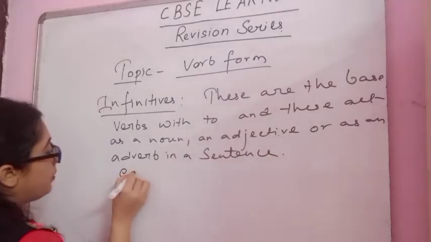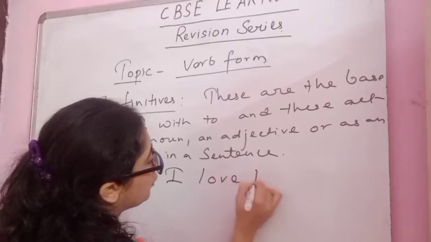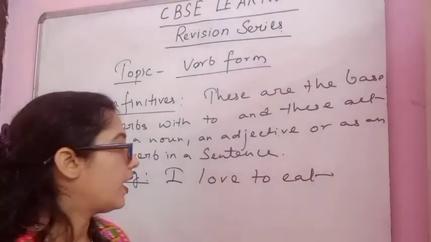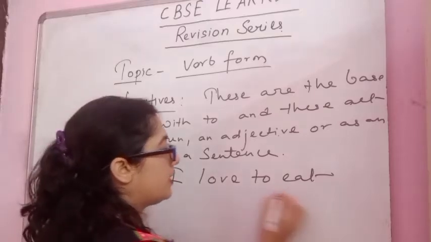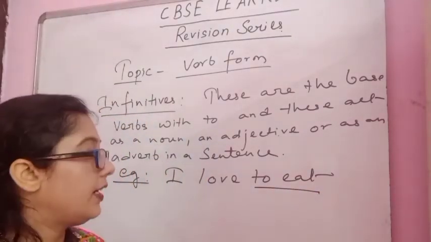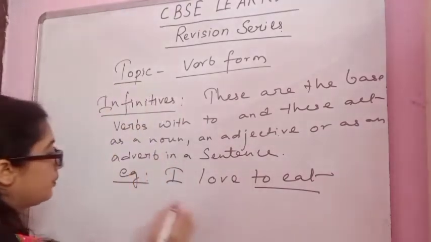For example, I love to eat. Or you can say I love to do anything. So here you can see I love to eat. We are using the word to, and here it is I love to do what? I love to eat.